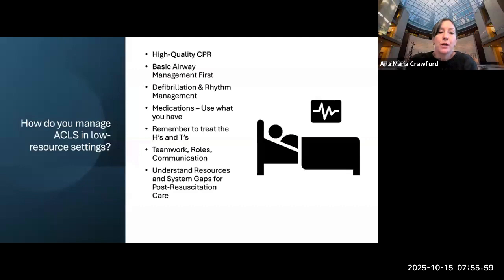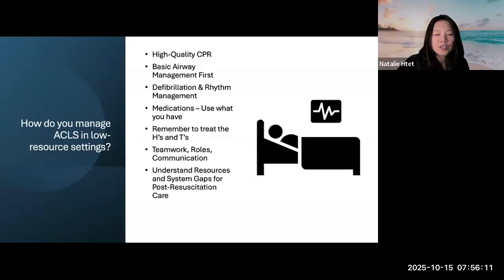Did I miss anything when we talked about teamwork, roles, and communication? Was there anything else that you or Dr. Arkin or any of the other panelists thought about in regards to role clarity or communication? I think oftentimes what I've seen in these situations is that it's stressful. I recognize that it's stressful for nurses and other providers as well.